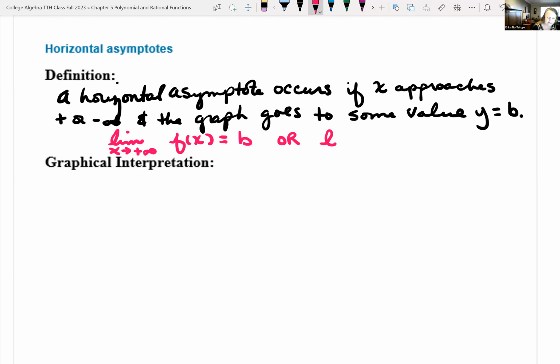Or if I was looking at the x value going to negative infinity, I would say the limit, I denote it by lim, underneath x with an arrow, negative infinity of our function. Let's just call our function f of x. If there was a horizontal asymptote, this was equal to b. Okay, so let's look at what that's saying if we were looking at a graph.